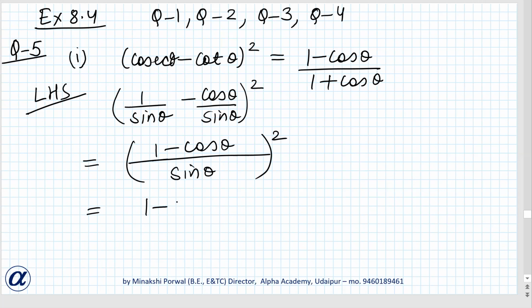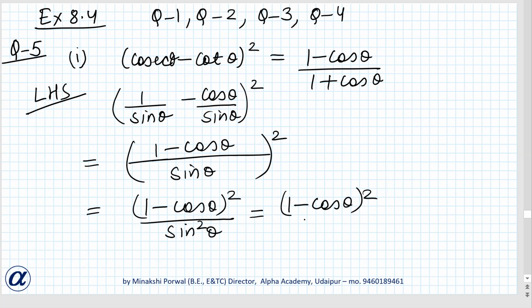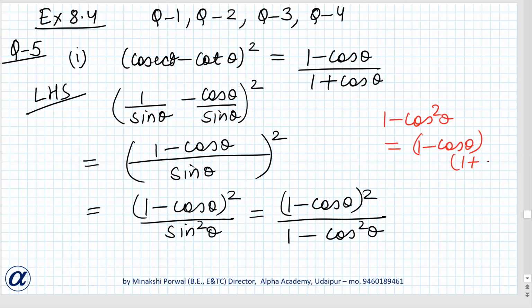This can be written as 1 minus cos theta the whole square upon sin square theta. Now sin square theta we can write as 1 minus cos square theta, and 1 minus cos square theta I can write as 1 minus cos theta times 1 plus cos theta.